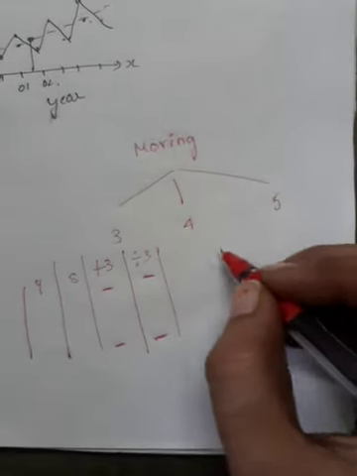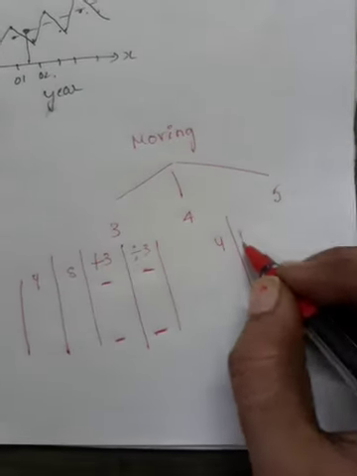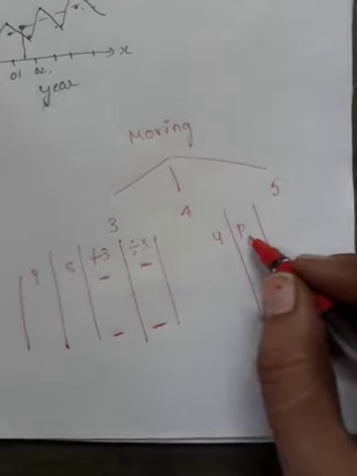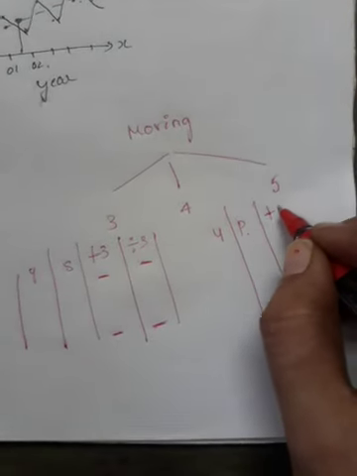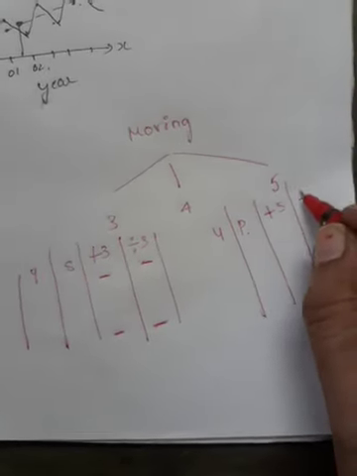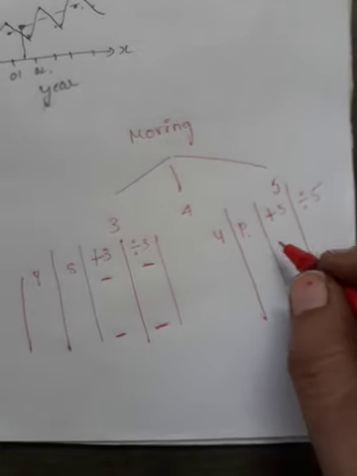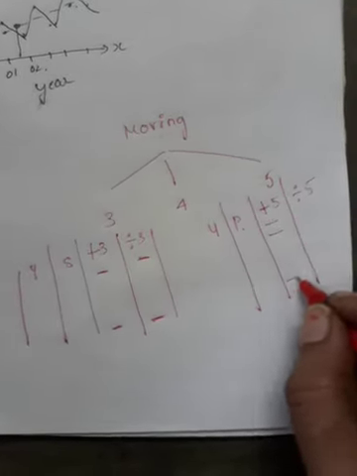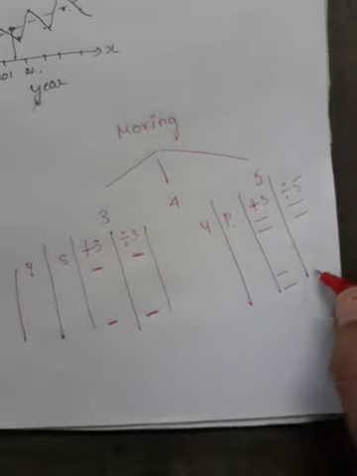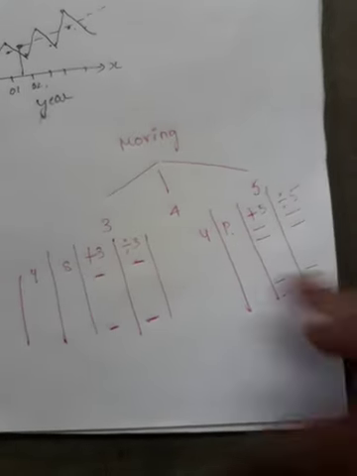For 5 yearly moving averages, year, production, or profit, whatever is provided, add 5 values and divide by 5. Here you need to leave 2 rows above and 2 rows below.